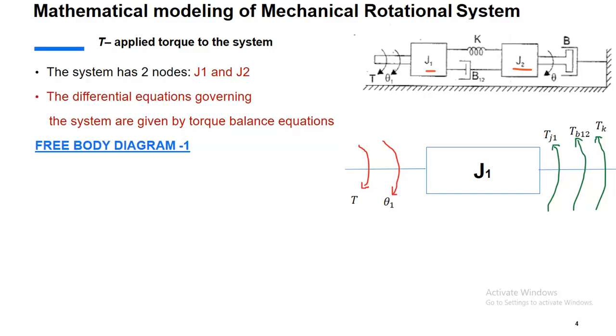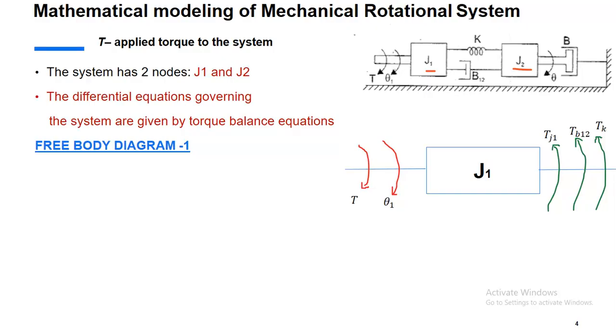So this is the free body diagram at J1. Here the applied torque and the angular displacements associated with J1 are represented by a down arrow. Whatever opposing torques are introduced are represented by an up arrow.